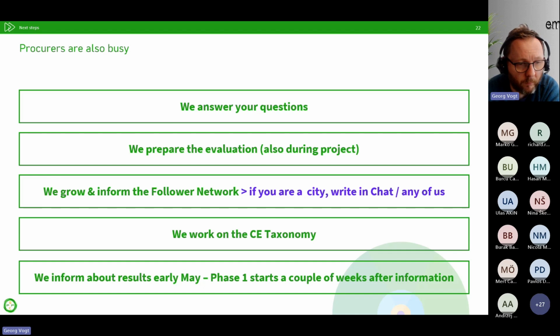And yeah, in May, you should receive those who have submitted a result. And then the phase: in the tender docs, we say mid-May, but more likely 1st of June, the phase 1 would start.